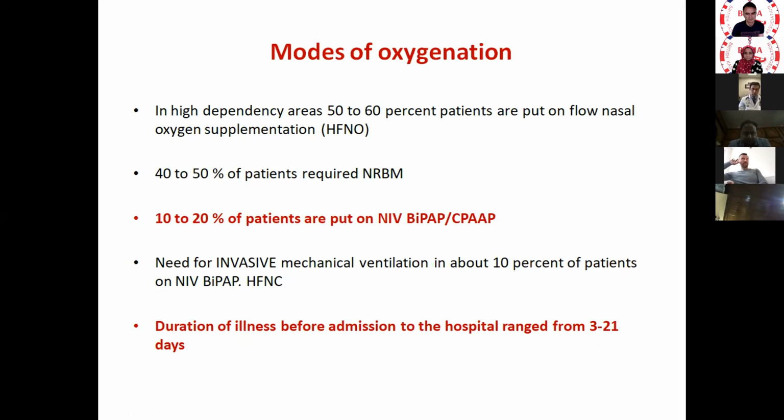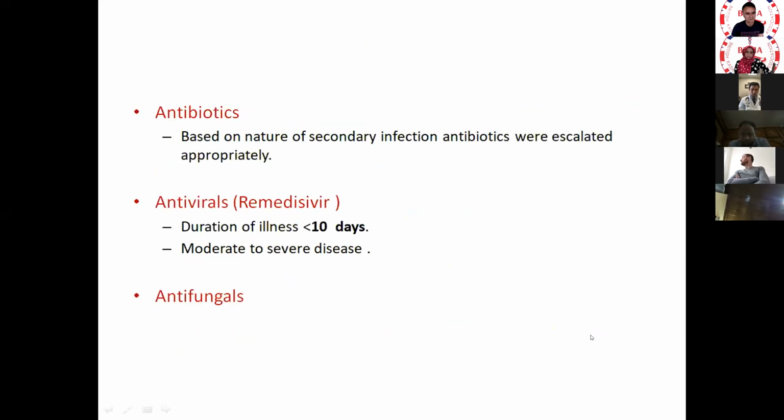The hospitals were less crowded, so we had space to admit mild to moderate patients. But right now, all of our hospitals are overcrowded, and admissions of these patients are mainly in the second or third week after the onset of the illness.